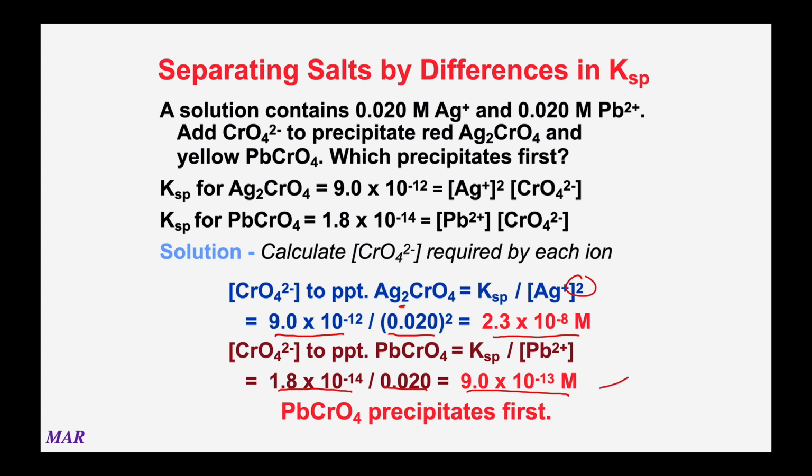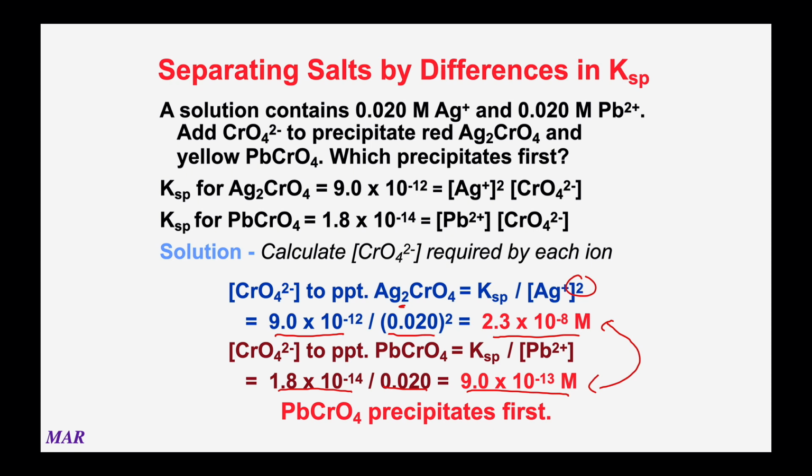Well, if you compare these two chromate values required, you can see it actually takes quite a bit less chromate to make PbCrO4 precipitate than it does the silver. If we added 9.0 times 10 to the minus 13th moles per liter chromate, that will make the yellow PbCrO4 precipitate out.